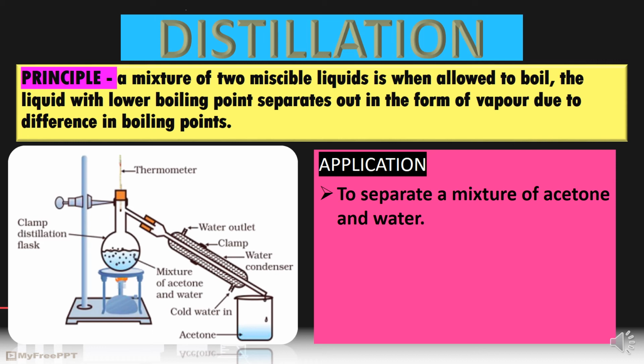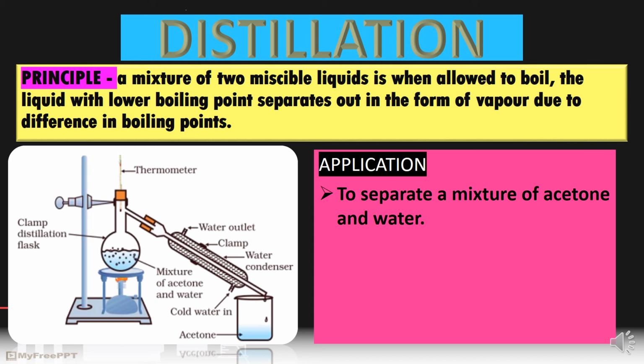Around 56 degrees Celsius acetone starts boiling, and the temperature remains constant till the whole acetone is vaporized, which can be separated in the beaker. After that the temperature will start rising further till the boiling point of water is reached.